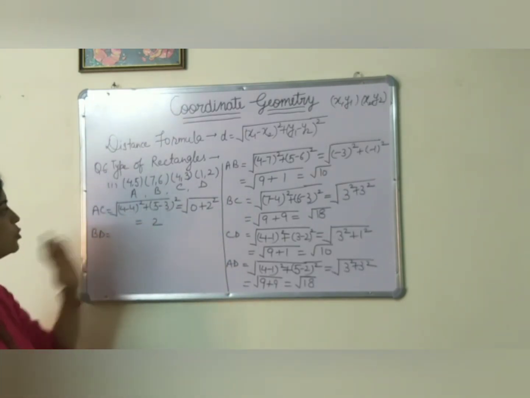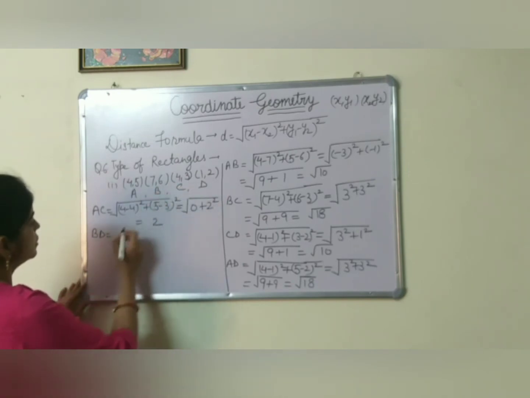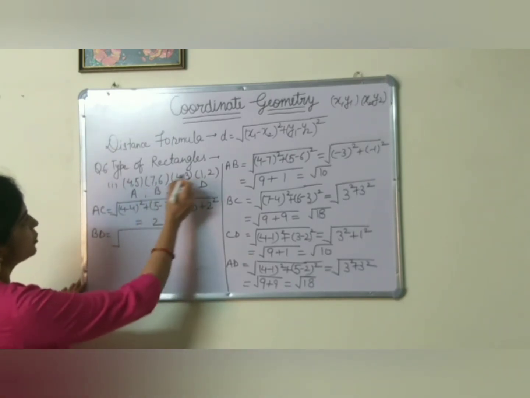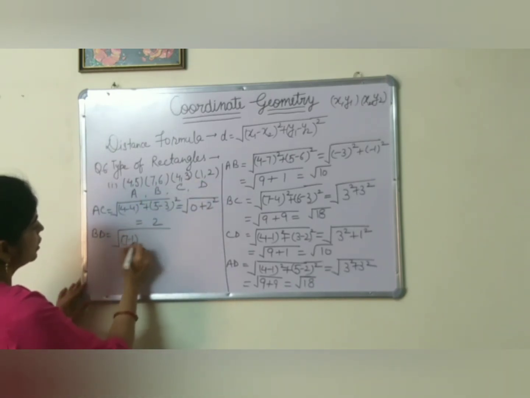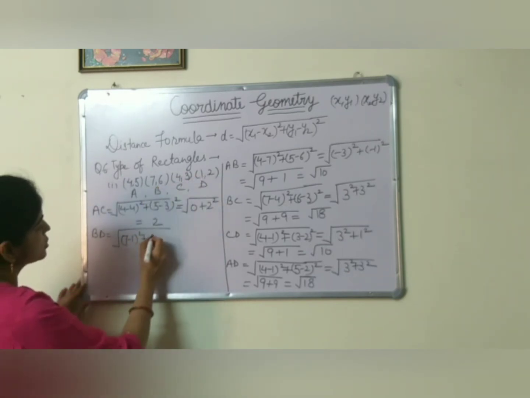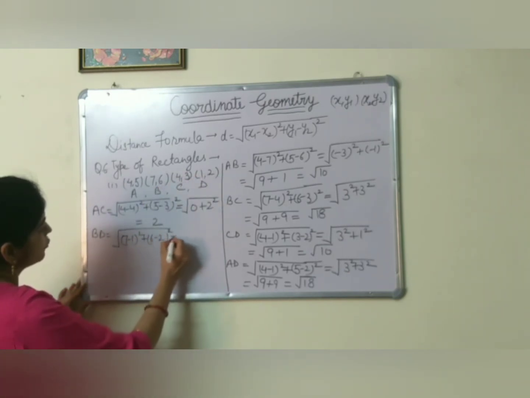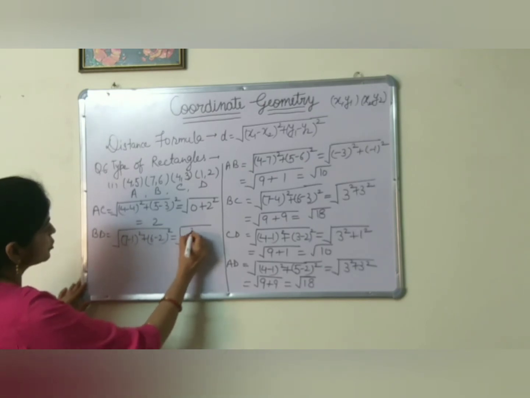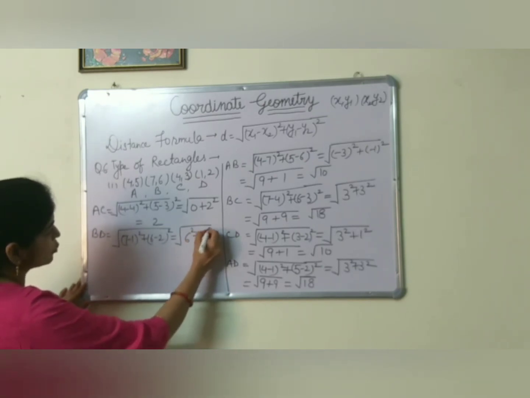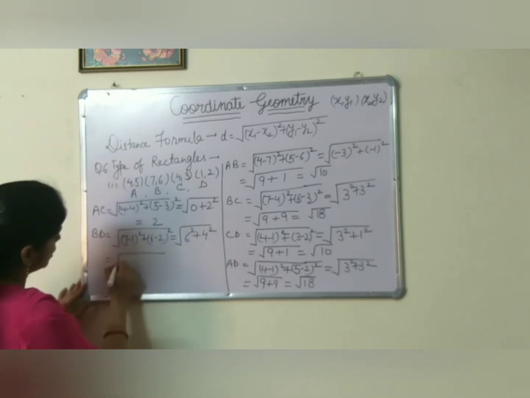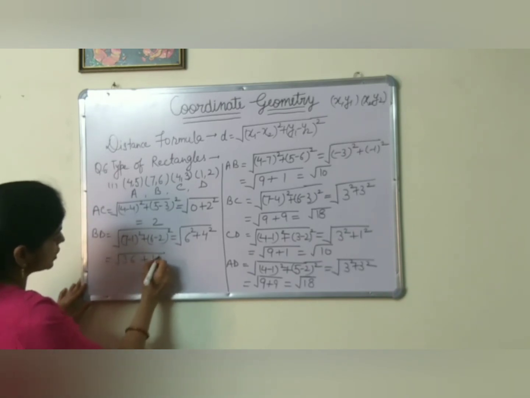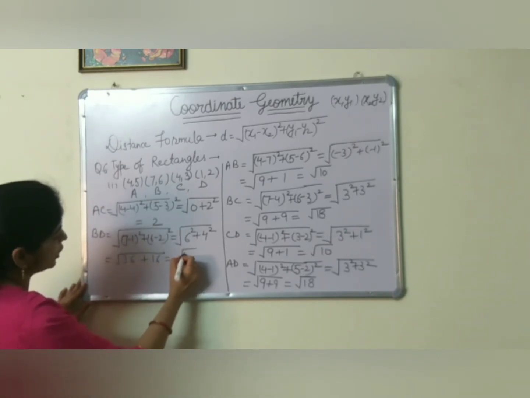First diagonal is 2, and BD is under root of 7 minus 1 whole square plus 6 minus 2 whole square, will be equal to 6 square plus 4 square, that is 36 plus 16, and it will be equal to under root 52.